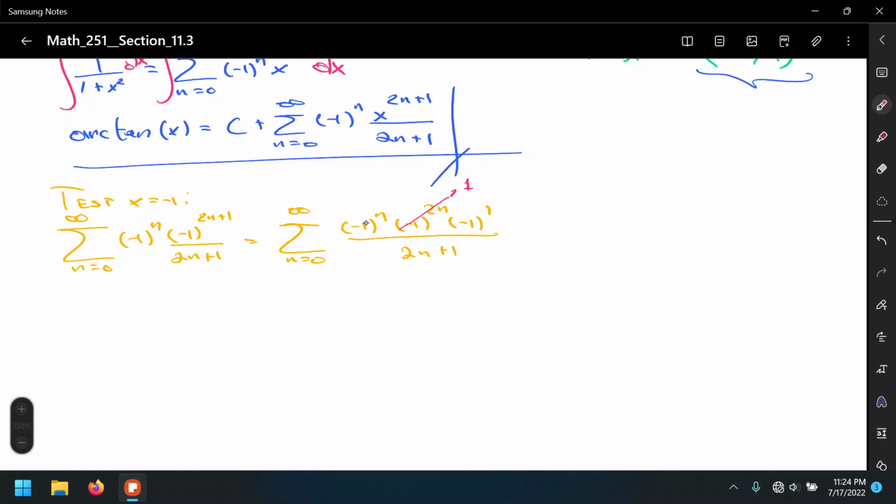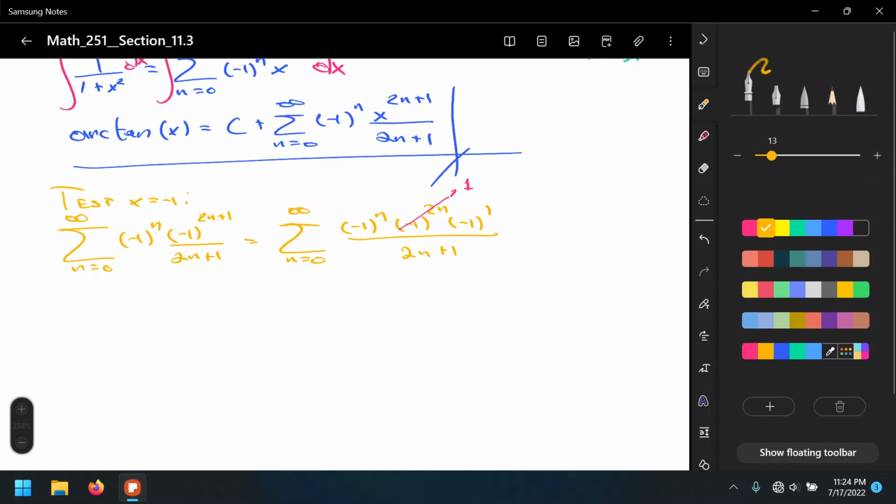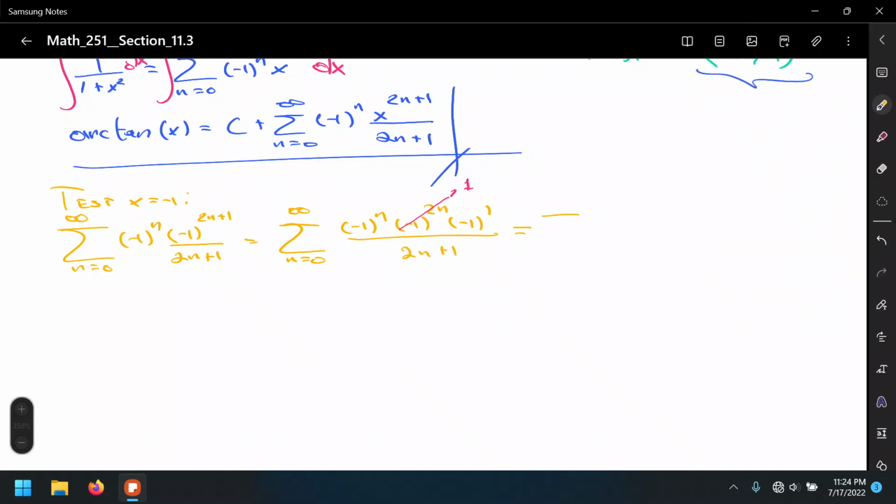And then when we put together (-1)^n and (-1) to the first, this will be sigma n equals 0 to infinity of (-1)^(n+1) times 1 over 2n+1. So that's the series we will deal with.